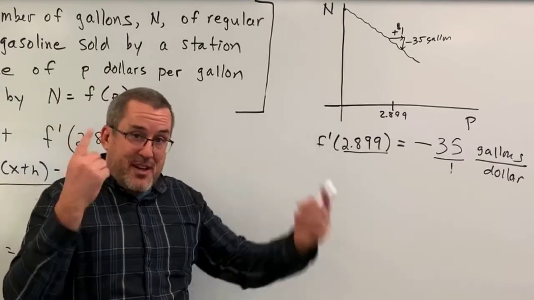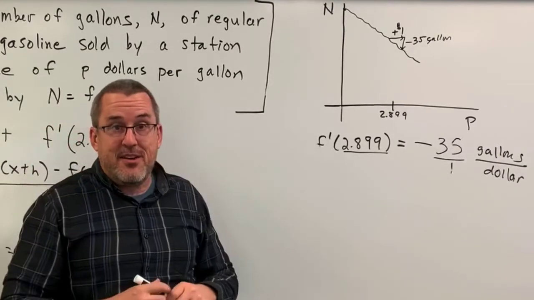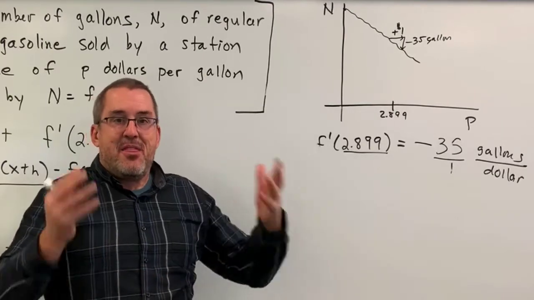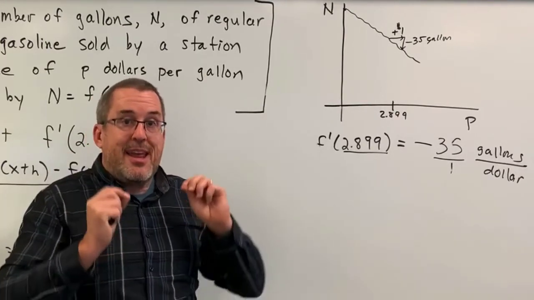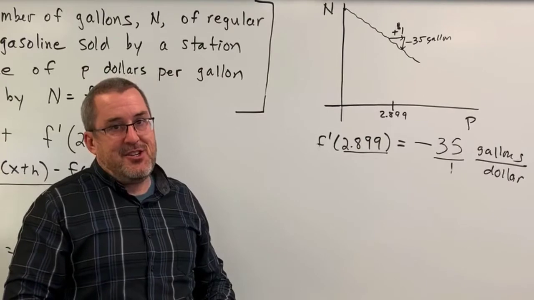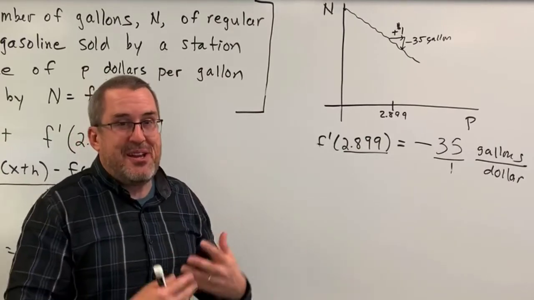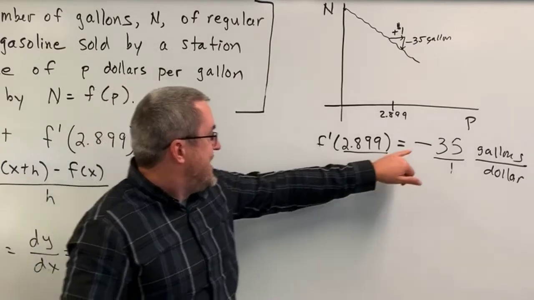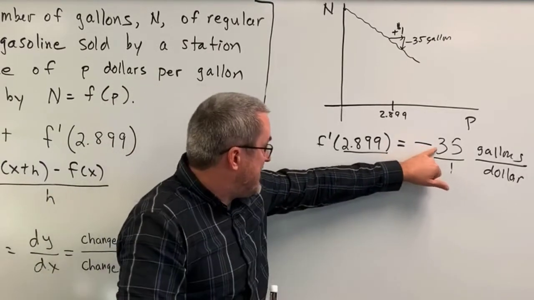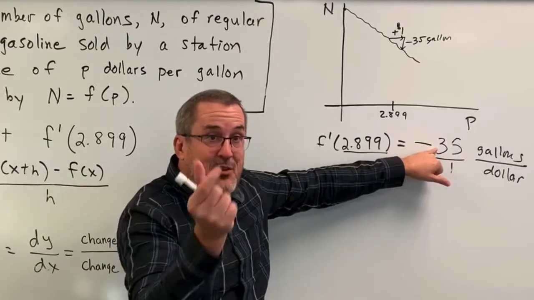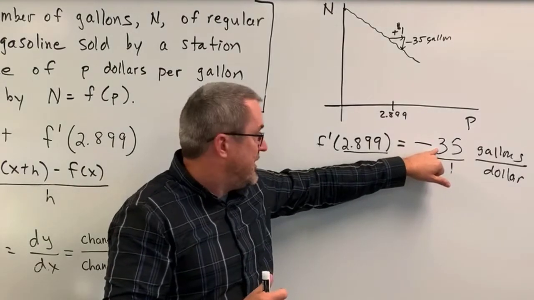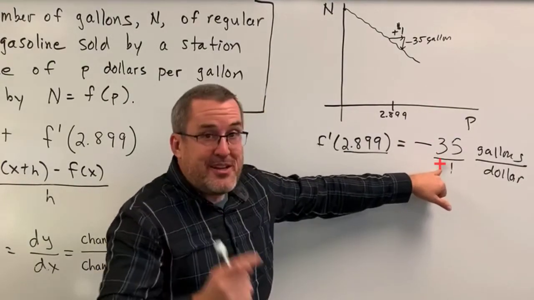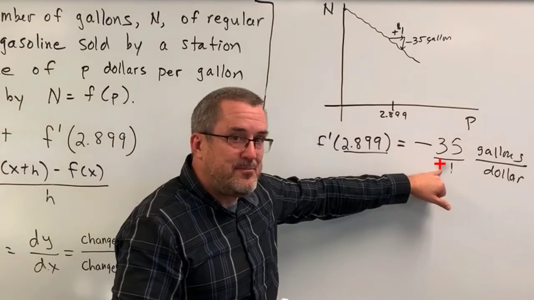The important thing I want you to ponder as you read the notes for this video, think about the language that emphasizes the rate of change. However you interpret a derivative, make sure that your language involves rates of change. This is a decrease of 35 gallons. The word decrease is a rate of change word for an increase of $1 in price.